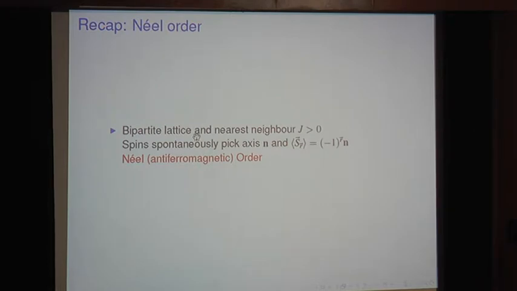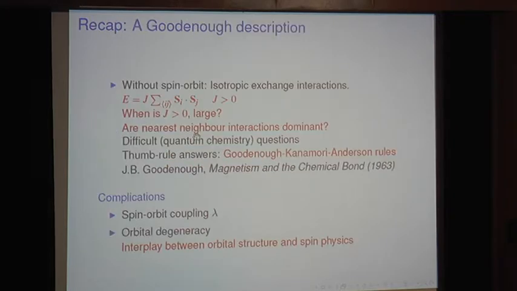So, let us start with the simplest case where we have J greater than 0, and we would like to ask what do these spins like to do. So, if you think of them classically, think of them just as unit vectors or vectors of some magnitude, then it is clear what minimizes an energy function like that.